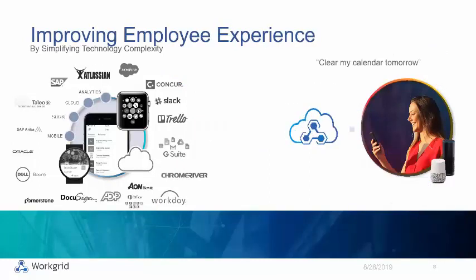Now, if we turn it around from the employee's perspective, how can we take advantage of this experience layer? If you were to think about it right now, tomorrow, if you wanted to take tomorrow and Friday off, we have a long holiday weekend here in the States ahead of us, you want to clear your calendar. How many different places would you have to go to clear your calendar? I know I'd have to log into my time management system. I'd probably want to let my team know so they're not wondering where I am.